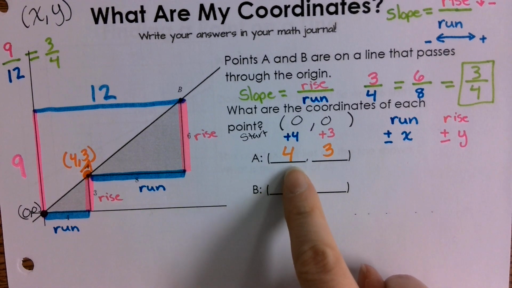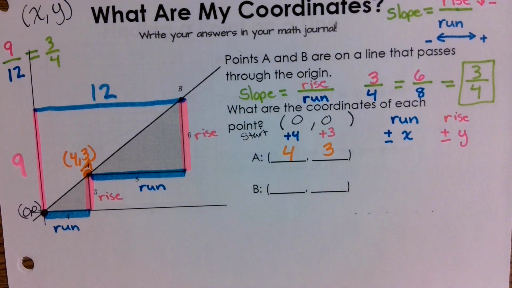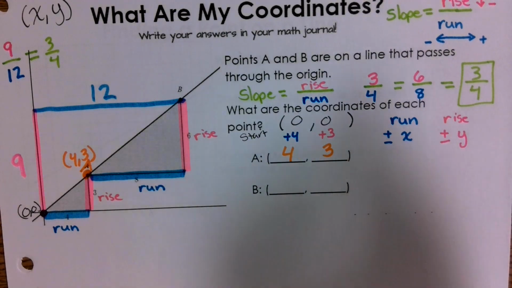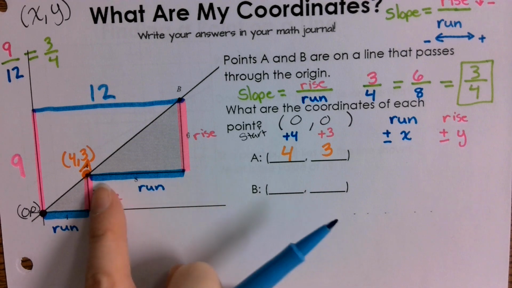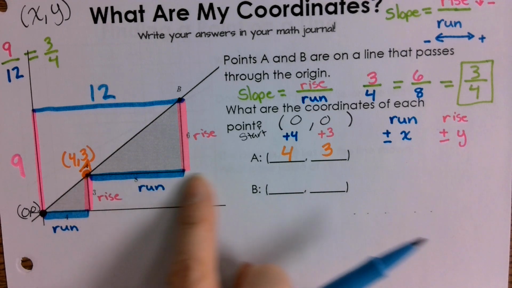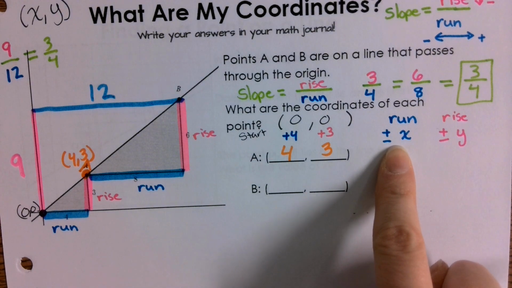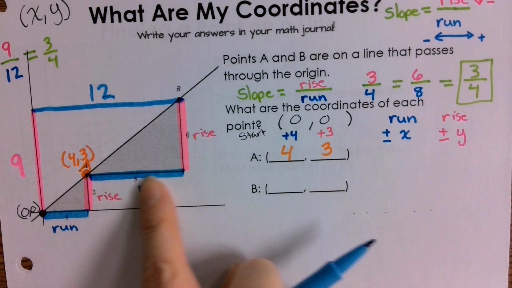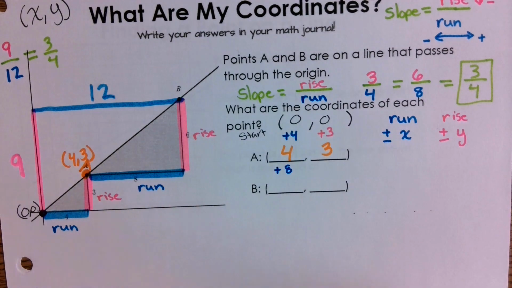So what am I going to add to the x value to get to my next point? 4. Well, was this a 4? 6 and 8. The 6 and 8, but which one is it going to be, 8 or 6? 8. 8, right? The run affects your x. So in this case, this run happened to be an 8. So we're going to add 8, and that gives us 12. Good.